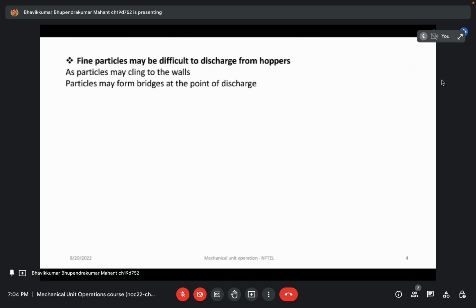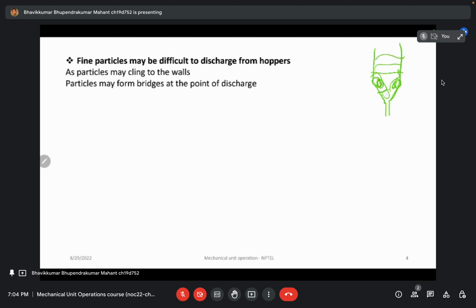Fine particles may be difficult to discharge from hoppers, as we already discussed in the last storage and transportation unit. If we have fine particles, they can get stuck in this kind of area, they can cling to the walls, and sometimes they form bridges.